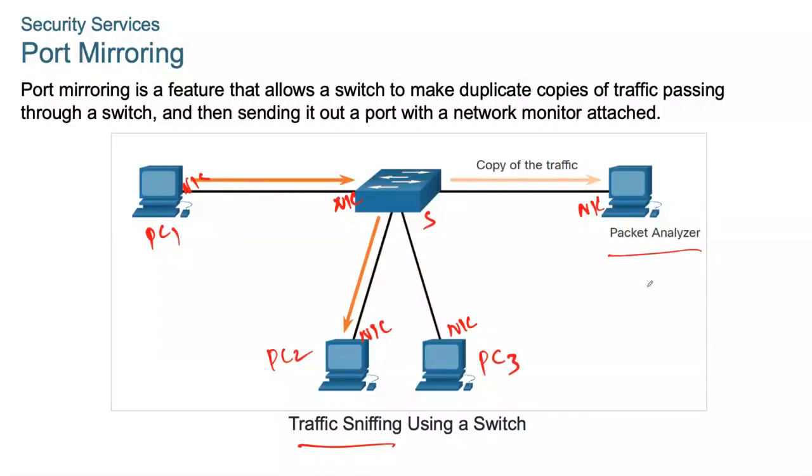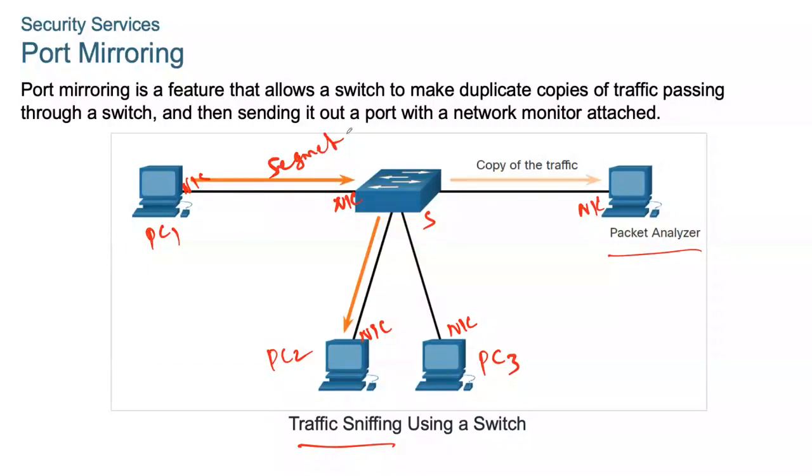Because network switches can isolate traffic, traffic sniffers or other network monitors, such as intrusion detection systems or intrusion prevention systems, cannot access all the traffic on the network segment.